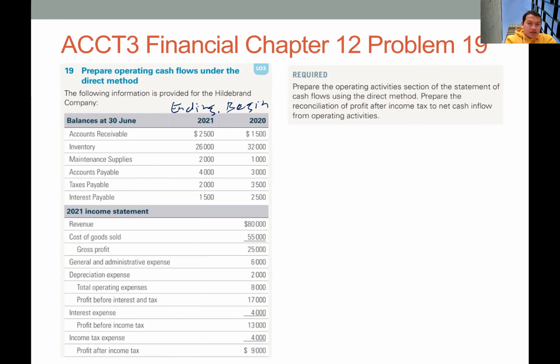Then we can compare the trend of each account, so we can see whether it's decreasing or increasing, from the beginning balance up to the ending balance.